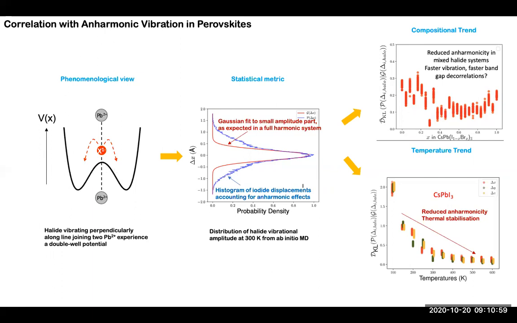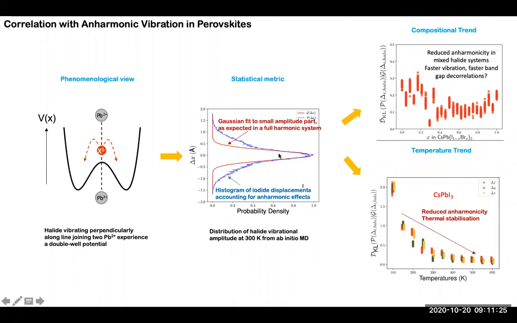That's a manifestation of the vibrational anharmonicity in this material. And when you analyze the MD trajectory, in particular the displacement of these halide atoms, you'll find that the blue curve is what has been sampled in the molecular dynamics simulation.